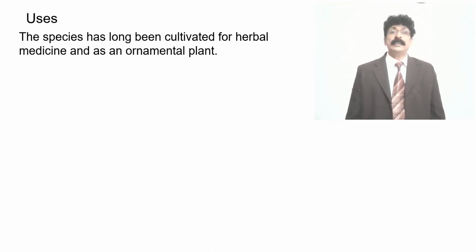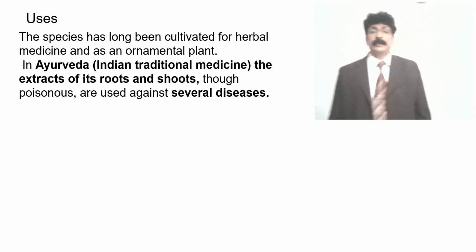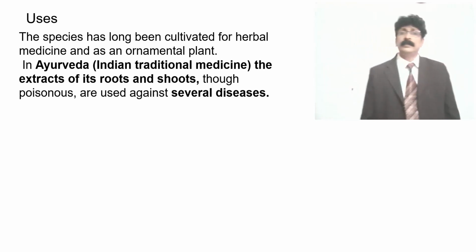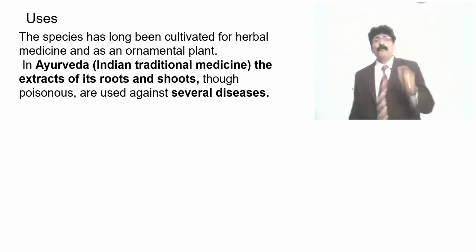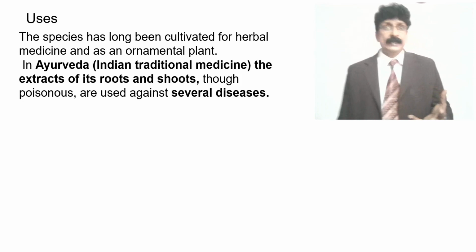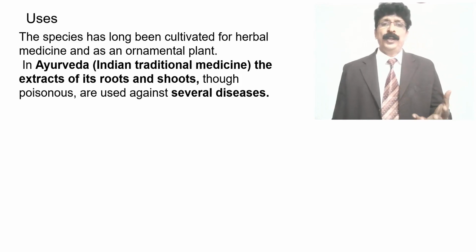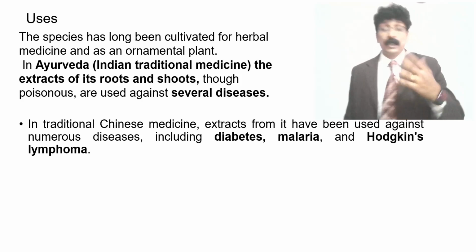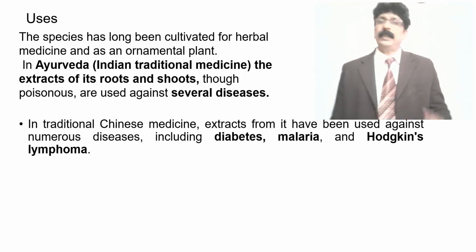Uses: the species has long been cultivated for herbal medicine and as an ornamental plant. In Ayurveda, Indian traditional medicine, the extract of its root and shoot, though poisonous, was used in ancient times against several diseases.